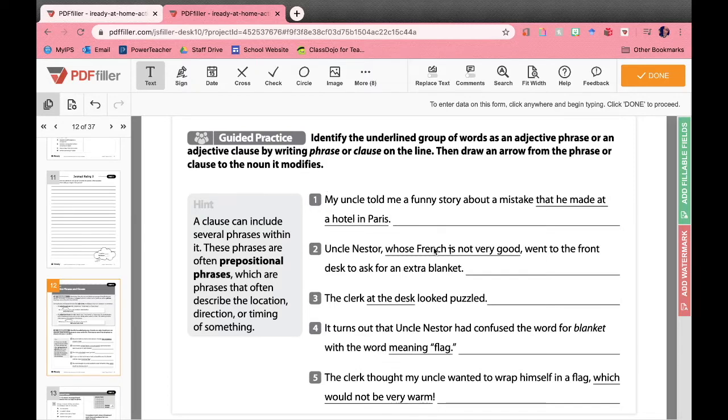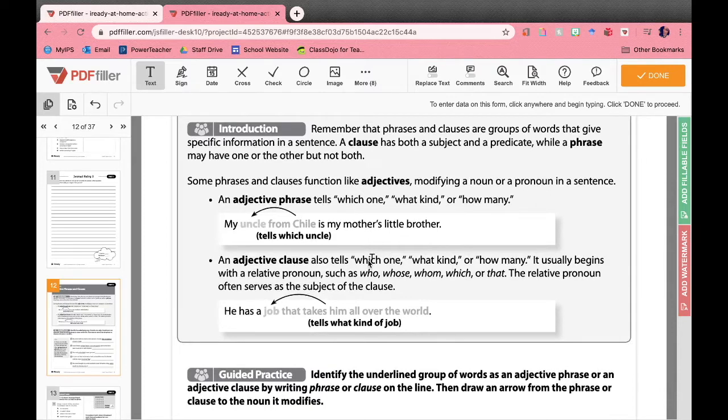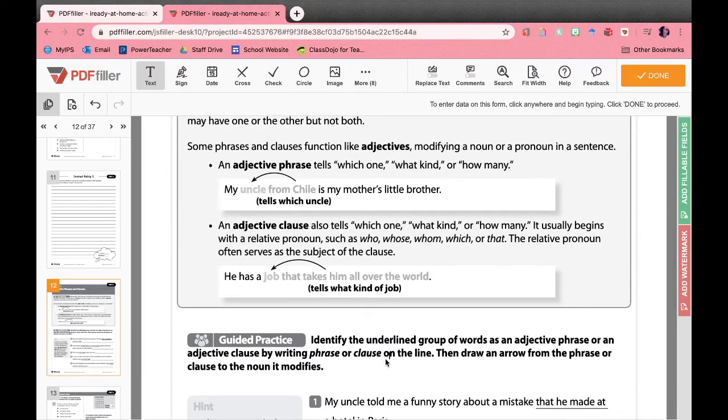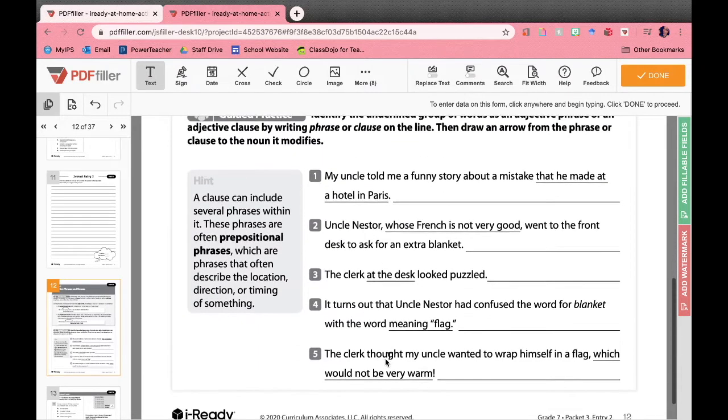Again, we're answering those questions of which one, what kind, how many. Here, Chile points to uncle because it tells us which uncle. Takes him all over the world points to job because it tells us what kind of job.